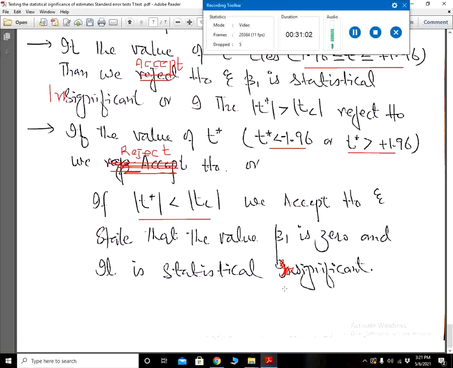Again, if the absolute value of t star is greater than the absolute critical value, then we reject the H naught and we state that the estimated coefficient is statistically significant.